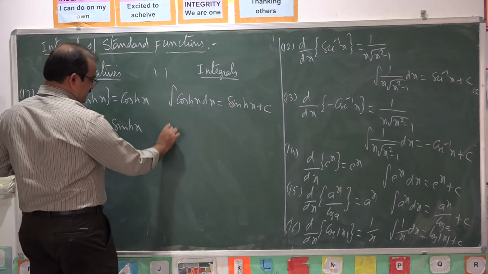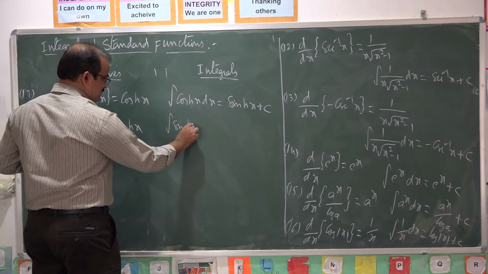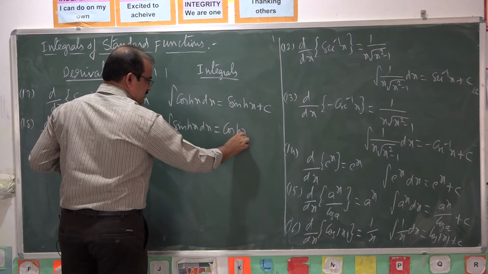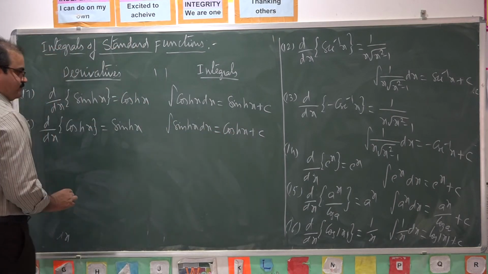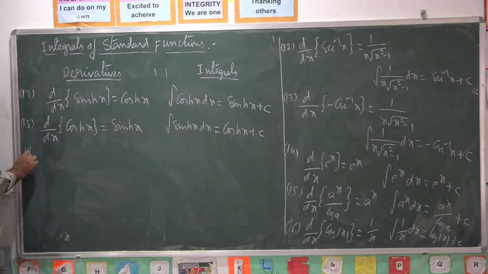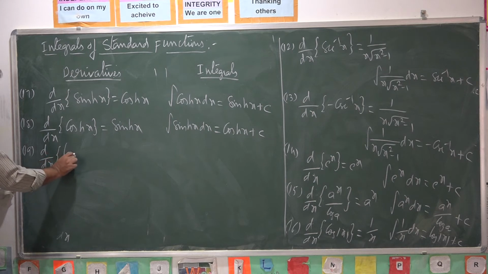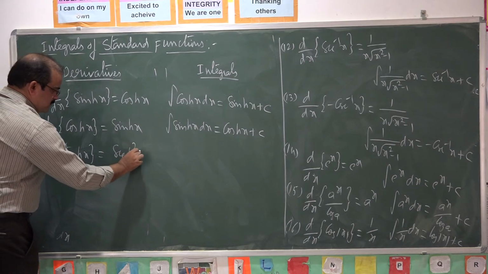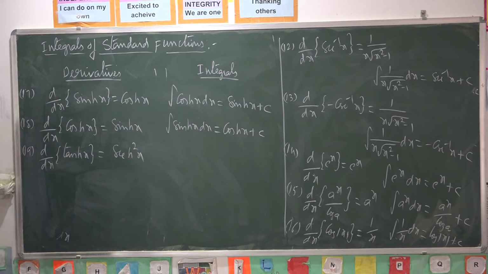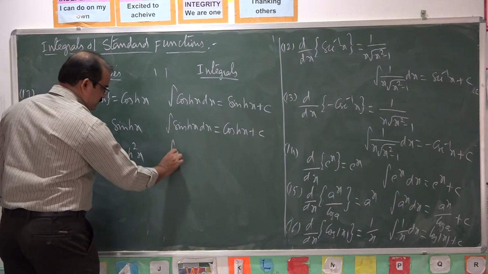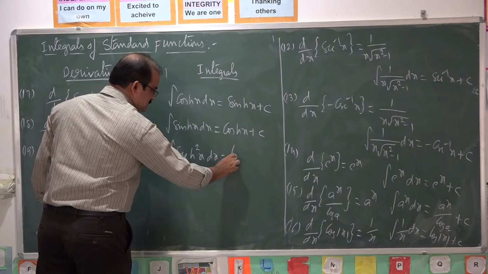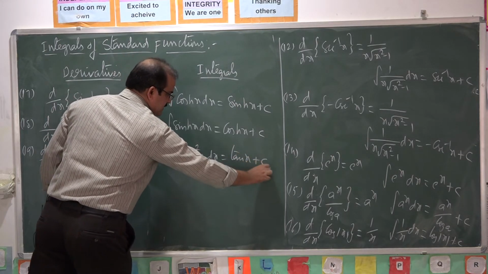So integral of sin hx is cos hx plus c. d by dx of tan hx is secant h square x. So integral of secant h square x is tan hx plus c.